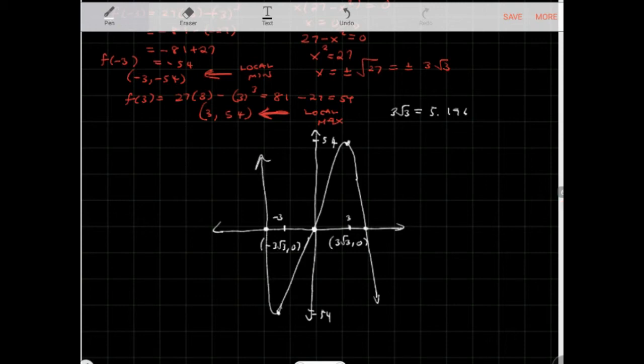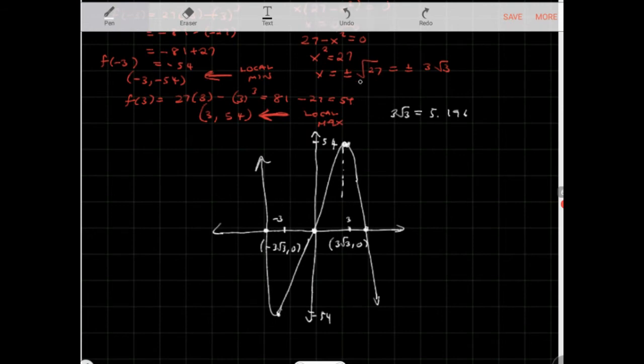So it should do something like that. As long as you put your key points, you don't need to worry too much about the scale, because it is, once again, a sketch. I'm just going to clean that up a little bit, but that's the idea. That's how you can use the first derivative test, as well as previous knowledge like intercepts, the degree, turns, and the behavior of polynomial functions to sketch a function.